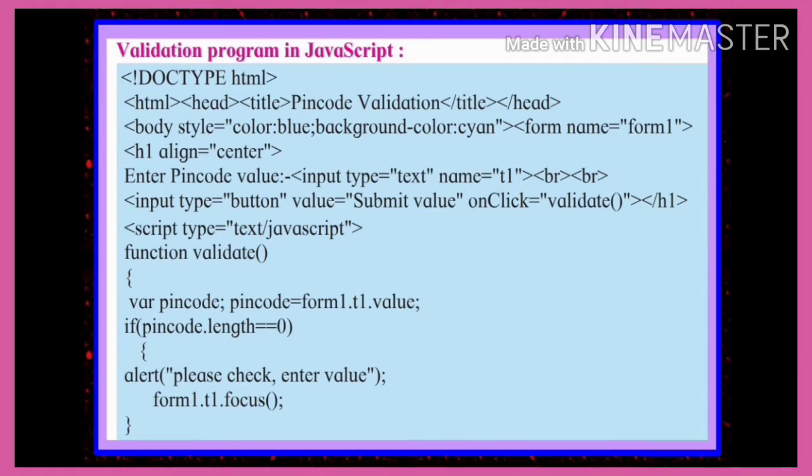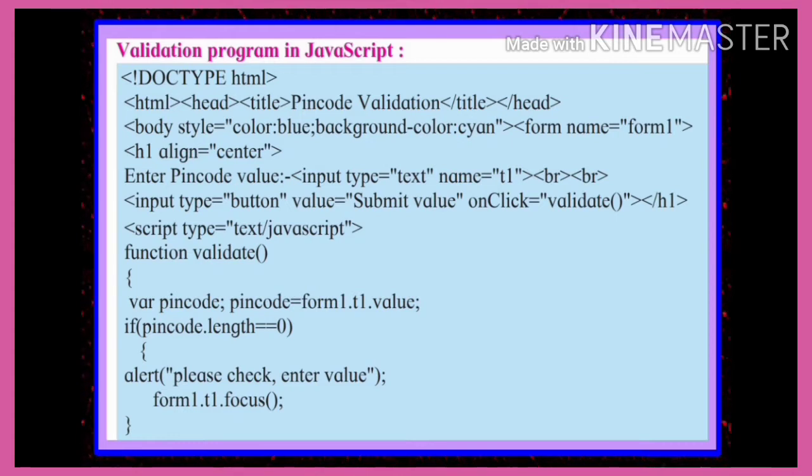In next line, define function validate. Open curly braces. Declare one variable, pincode. Initialize pincode equal to form1.t1.value, meaning whatever you entered in the t1 text box is assigned to the variable pincode.